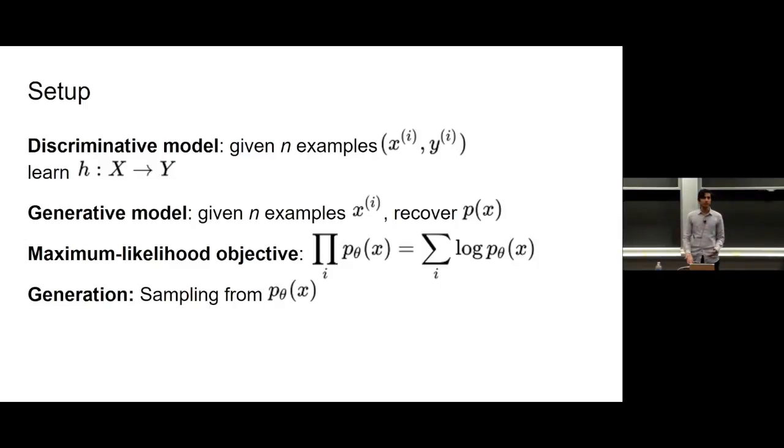Now, this implies that we need a metric for measuring how close our model is to this underlying distribution, given a bunch of samples from the true distribution. We need a cost function. We need an objective. And the function we use is called max likelihood. Specifically, we're trying to maximize the joint likelihood of sampling every single thing from our training set from this generative model that we build.